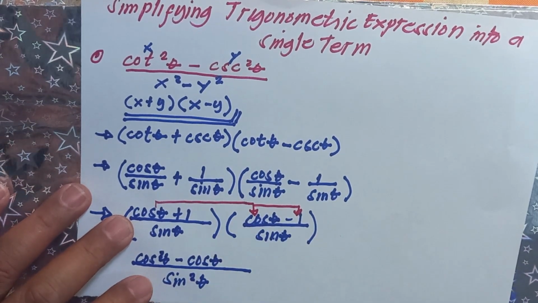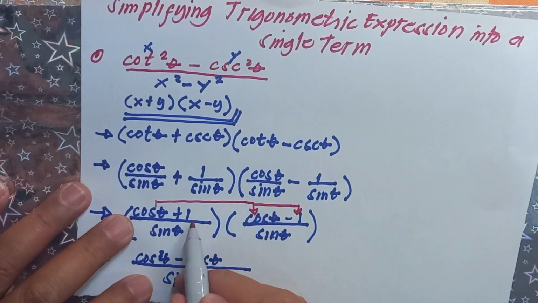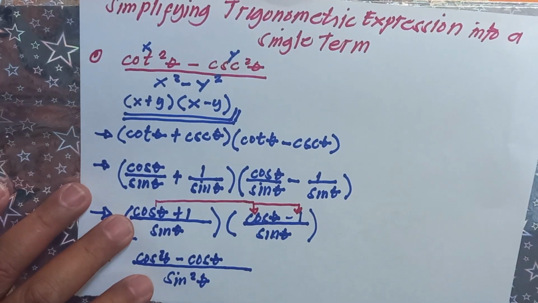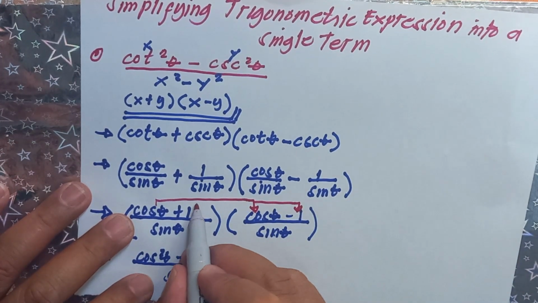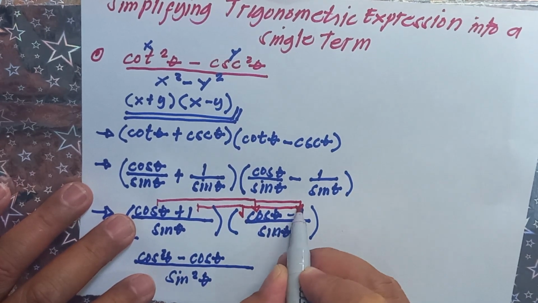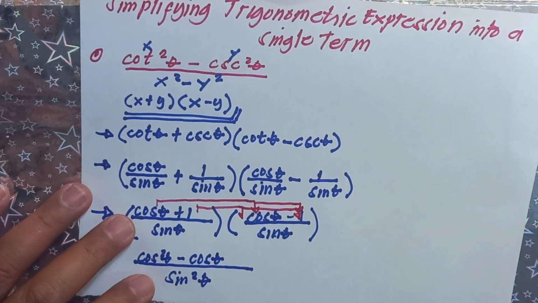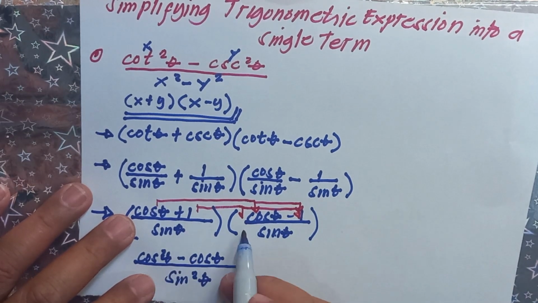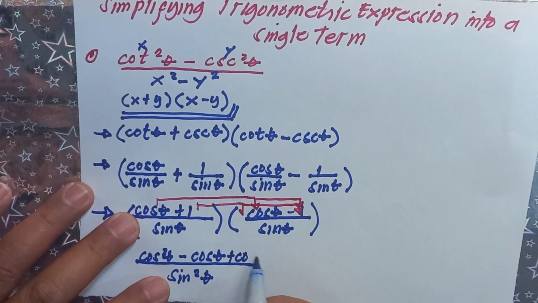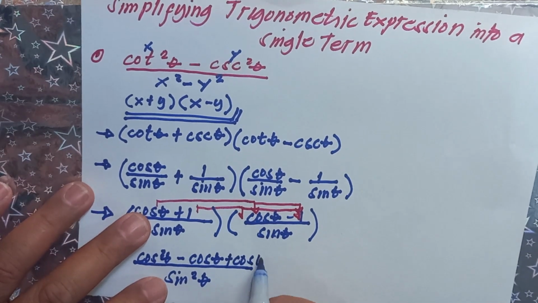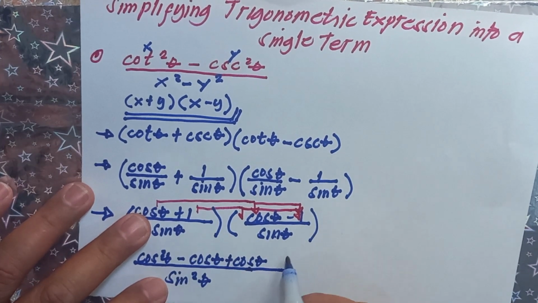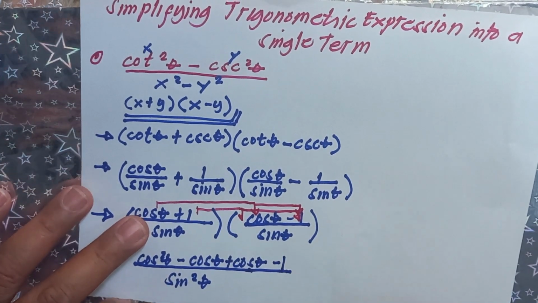Now what about the next? We distribute: we multiply it here and then we multiply it there. So 1 multiplied by cosine theta gives positive cosine theta. 1 multiplied by negative 1 gives negative 1.